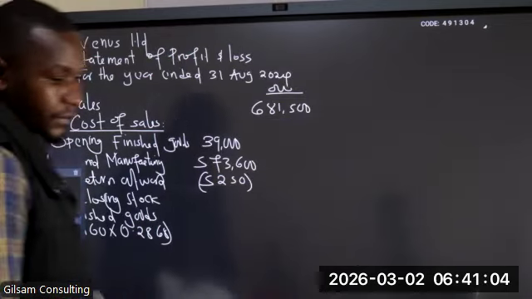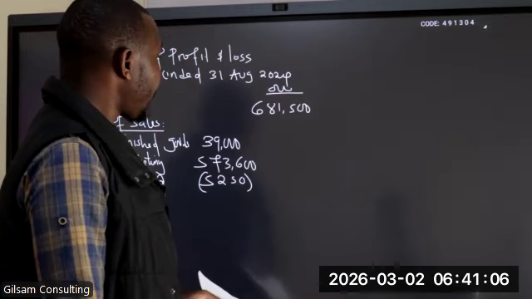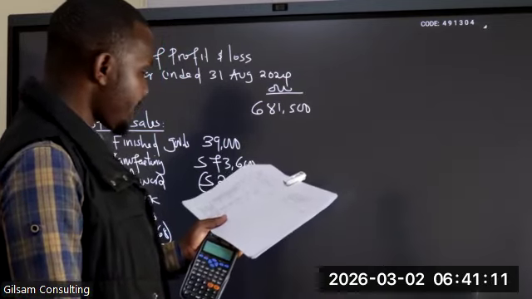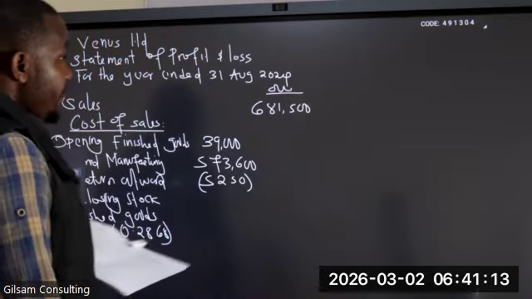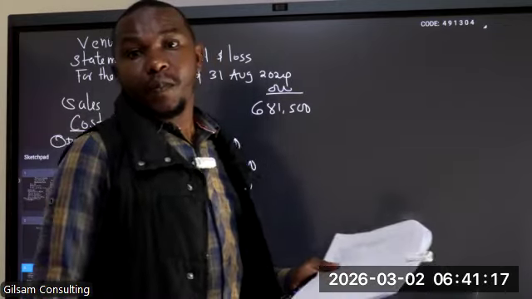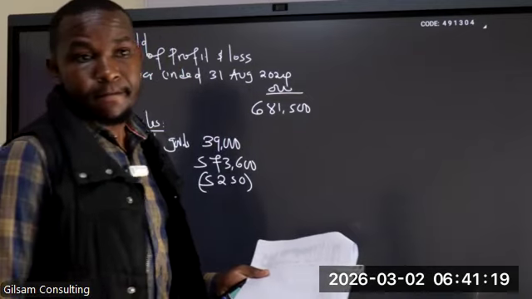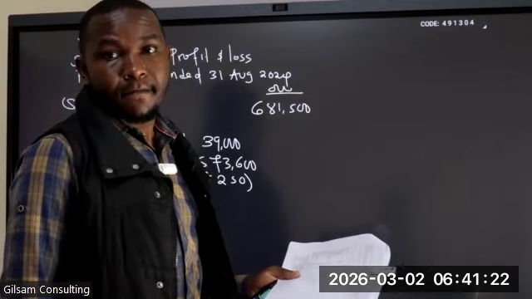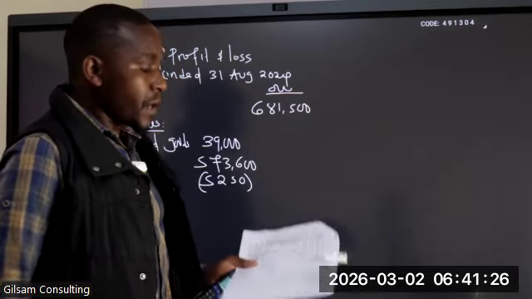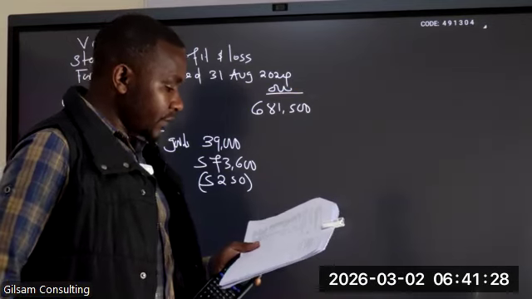On the trial balance, for finished goods, we have been given 200,000 units equivalent to 39,000. What if you say if 200 is 39, what about 160?